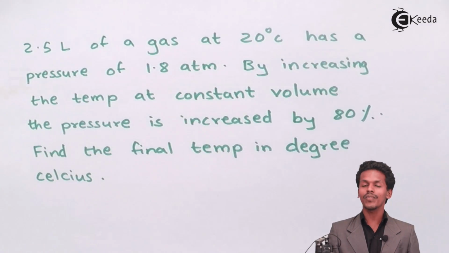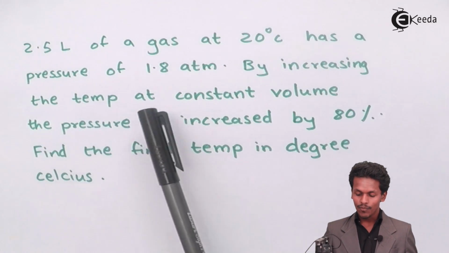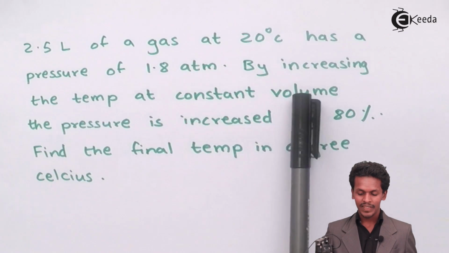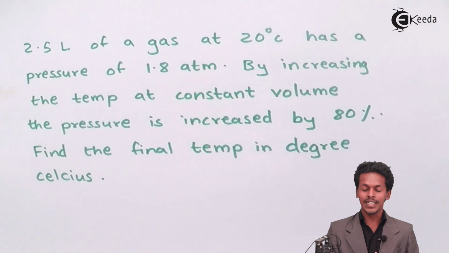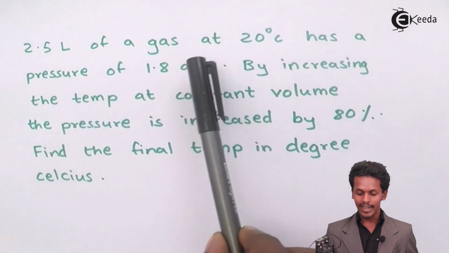What we have to clearly understand is that they have mentioned that the volume is constant. Since the volume is constant, there are two things mentioned, the temperature and the pressure.